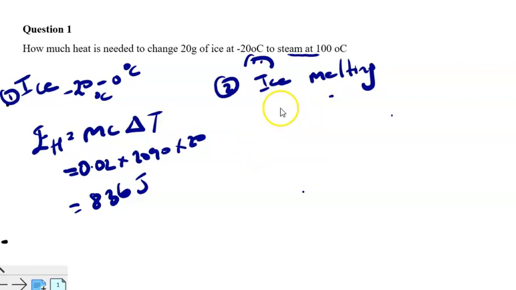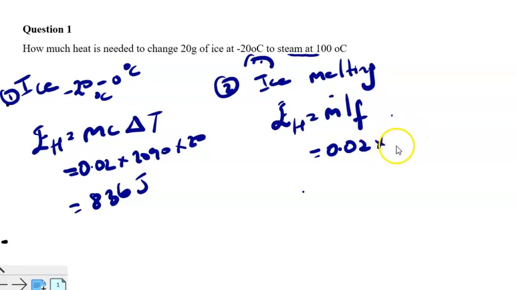So let's look at that. The heat energy, EH, is going to be equal to the mass times the latent heat of fusion. So the mass, we just converted that to 0.02, and the latent heat of fusion of ice is 336,000, and that would be a constant given to you by CXC, so you don't have to worry about that.